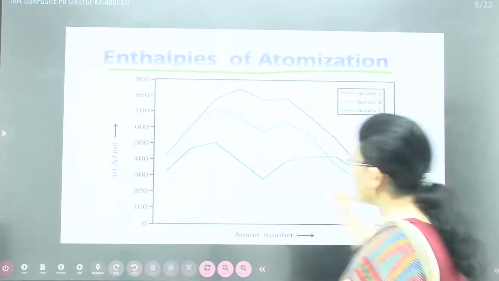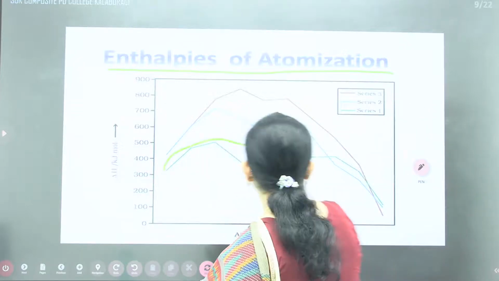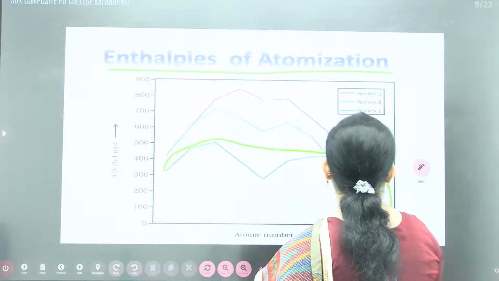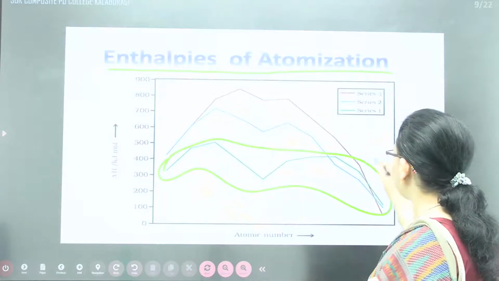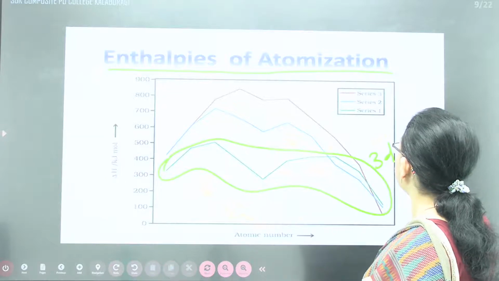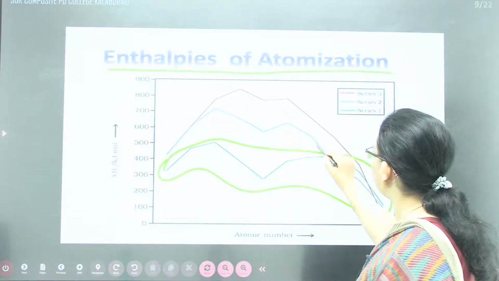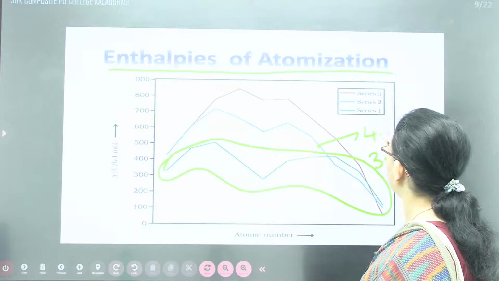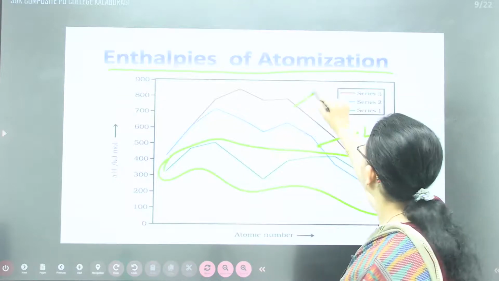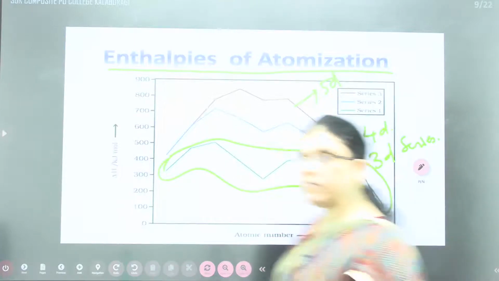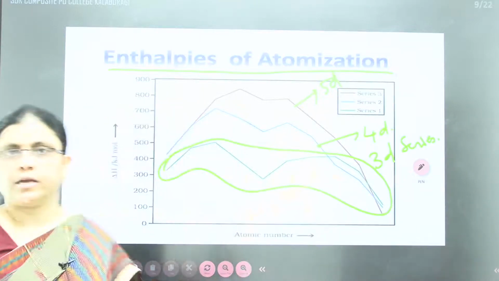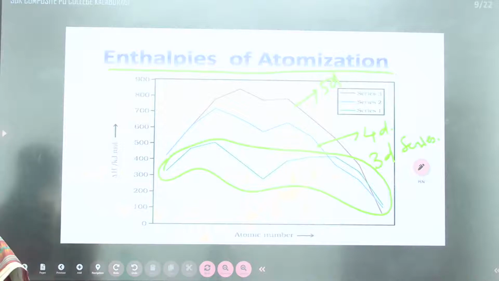This green line corresponds to the 3d series, the first series of transition elements. This blue line corresponds to the 4d series, and this red line is considered for the 5d series. There are three series in the transition elements: 3d, 4d and 5d.